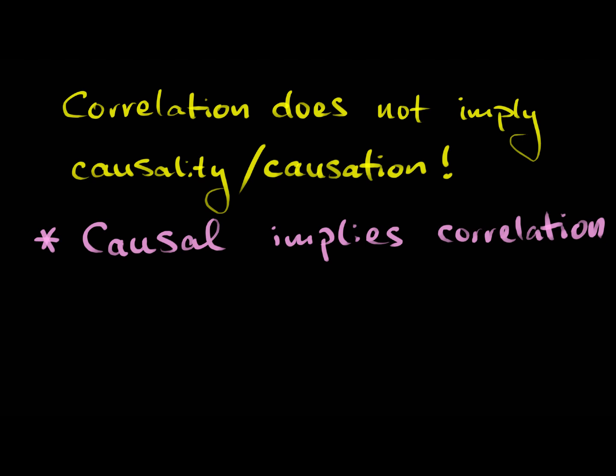But let me say, if there is an effect of X on Y, we expect to see a correlation between X and Y. That's why we use regression as our technique. So a causal relationship implies we would expect to see a correlation between the variables.